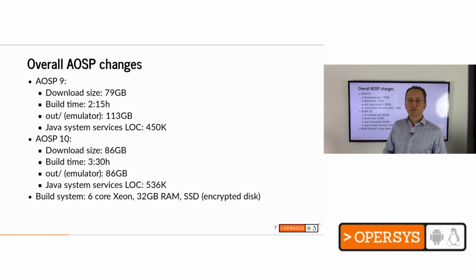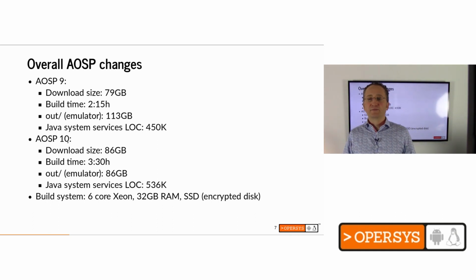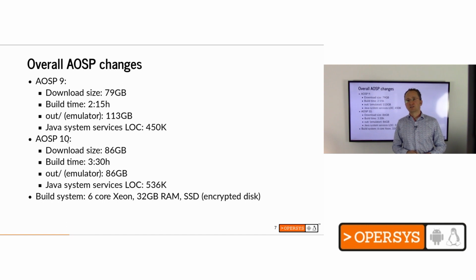So just to give you a really big overall comparison of AOSP 10 versus AOSP 9, and this is just really quickly here on building an emulator for both versions and comparing those together. I'm not mentioning it here on the slide, so the target being built here is AOSP x86-64 ENG.